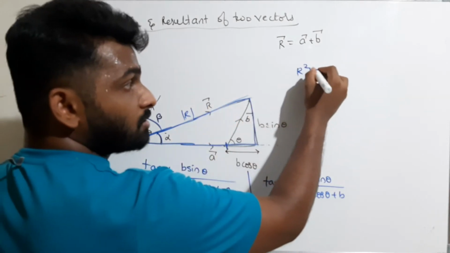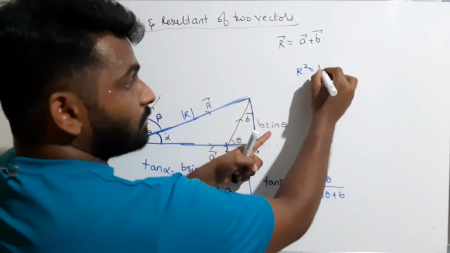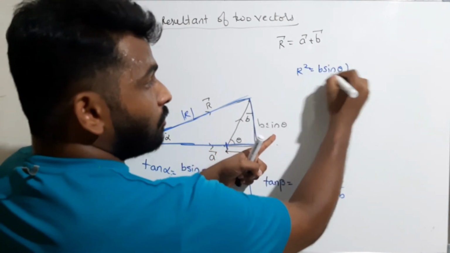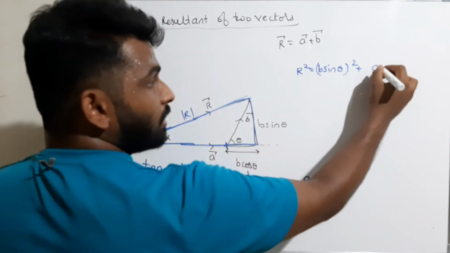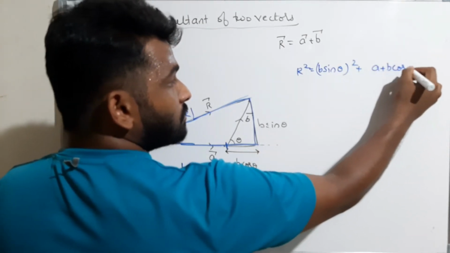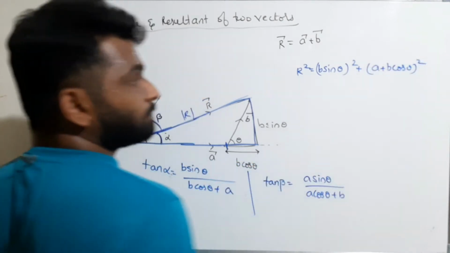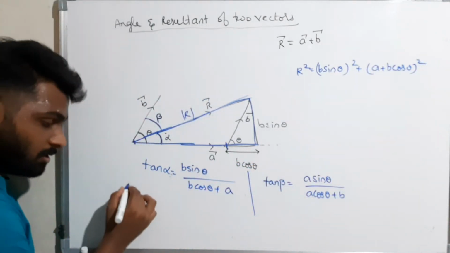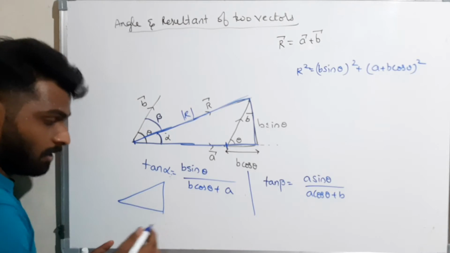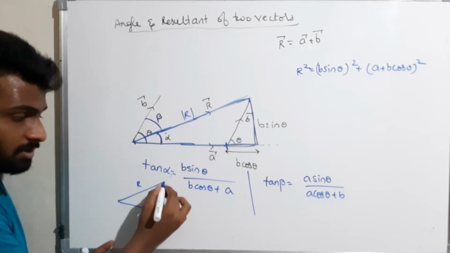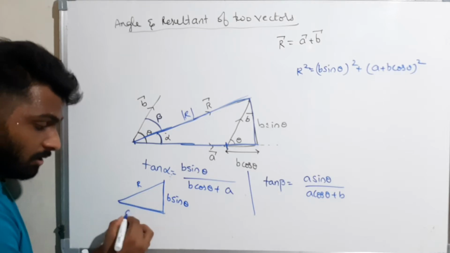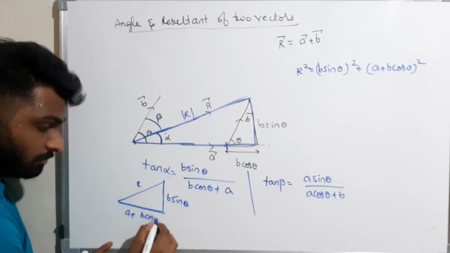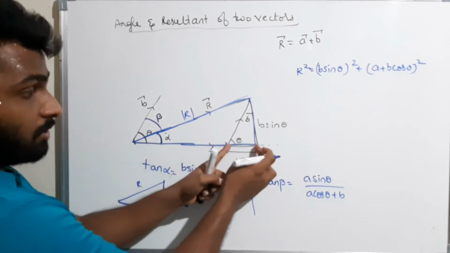Therefore hypotenuse square is equal to b sin theta whole square plus a plus b cos theta whole square. Can you accept that? This is a triangle, this is r, this is b sin theta, and this is a plus b cos theta.